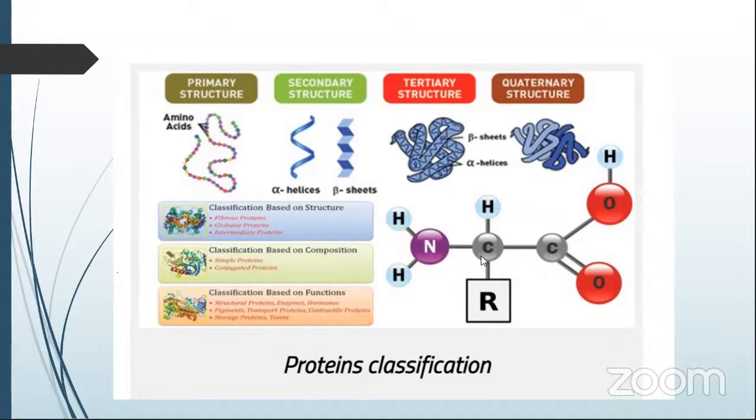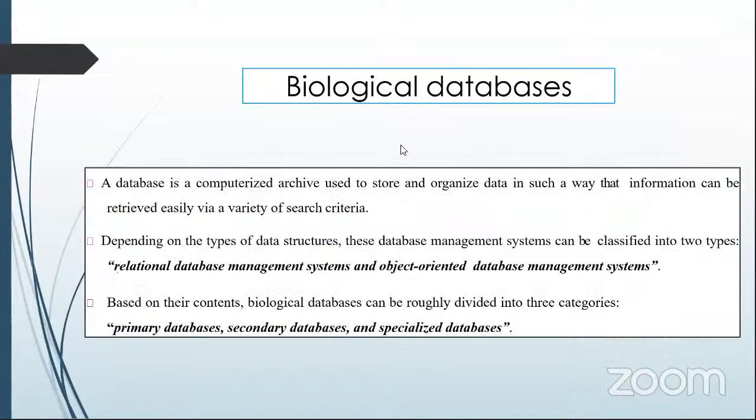Then you can apply this structural information to drug designing concepts, for finding related drug targets for the particular proteins or any diseases you are interested in. So we have the biological databases. What is a biological database? It is nothing but a database where you get biological information.